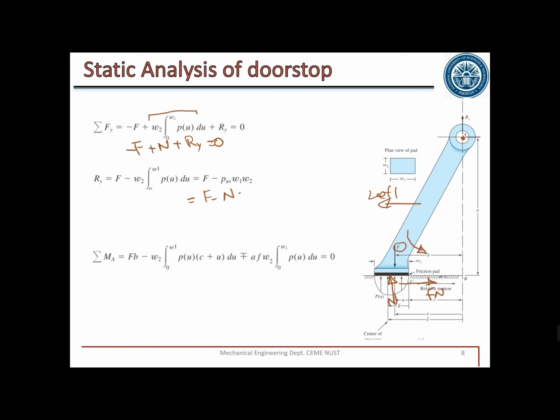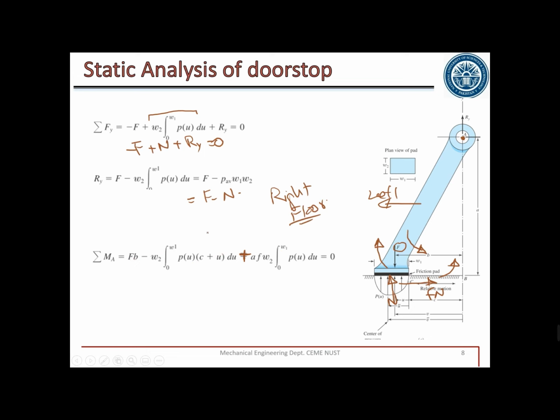This Fn will also cause a counterclockwise motion, and this N will cause a clockwise motion. So this F into B will be positive. Fn will be Fn. This term will also be positive for right floor motion. This will be positive, and this N will be negative. So these two will be positive, and this will be negative.